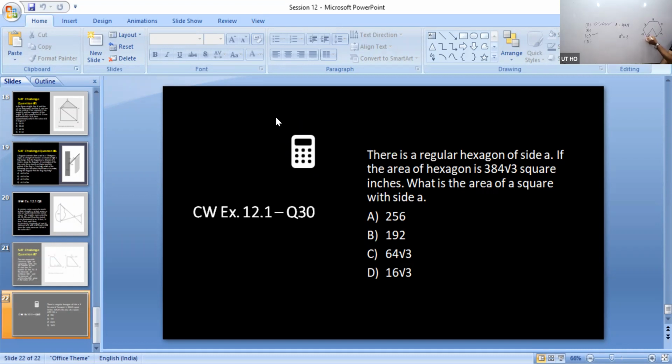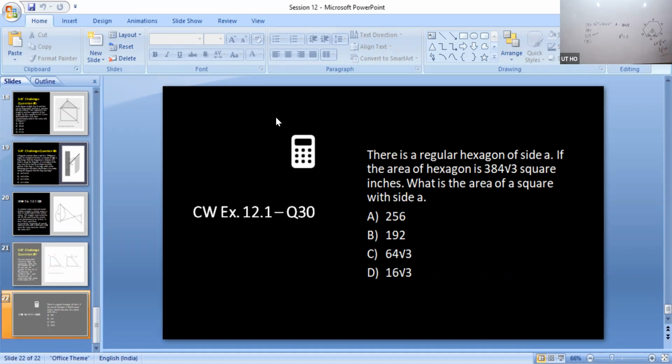So that means this is 60, and this is also 60, so this will automatically be 60. So it is an equilateral triangle. How many equilateral triangles will we get? 6. So the area of one equilateral triangle will be √3 by 4 a square, and for 6 you will get 3 √3 by 2 a square.